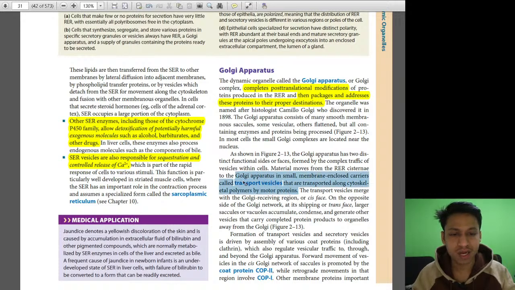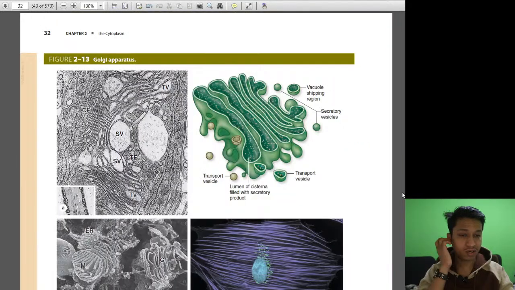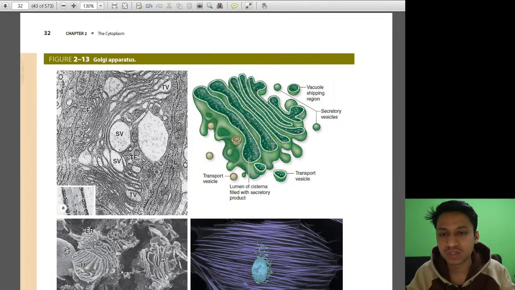We'll just highlight what transport vesicles are. The transport vesicles merge with the Golgi receiving region, the cis phase. So the structure of the Golgi here is very important. Let's check figure 2.13 quickly. This is figure 2.13.